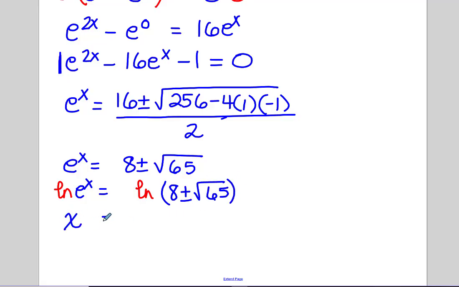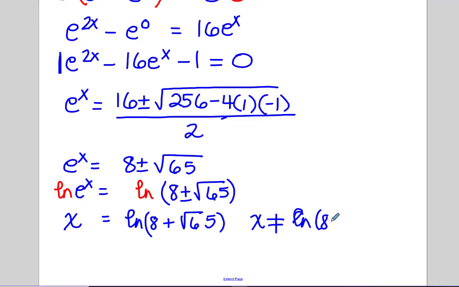So x is natural log of 8 plus the square root of 65, and x is not going to be natural log of 8 minus the square root of 65. Whoop, because I believe that's going to be a negative number, not a real number, because it's going to be negative.